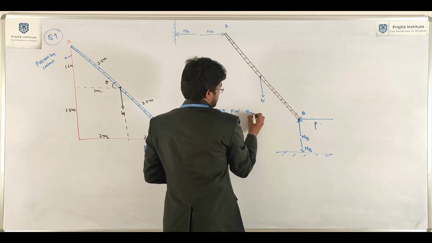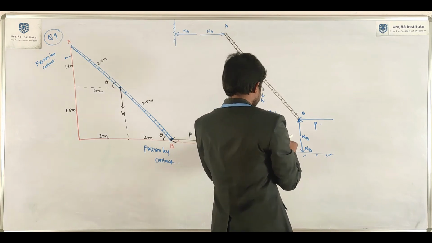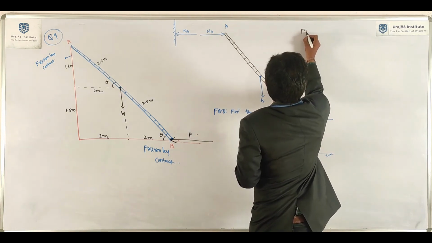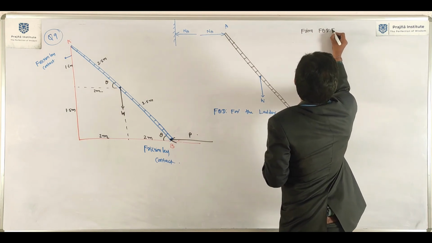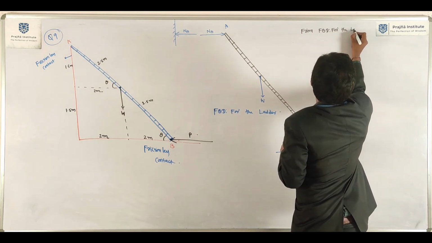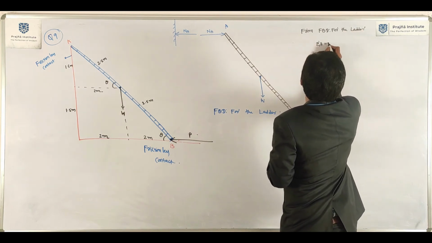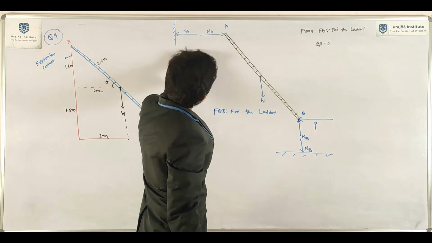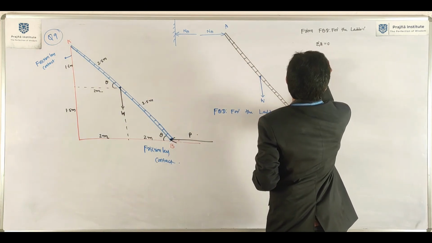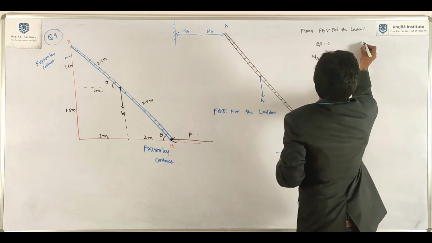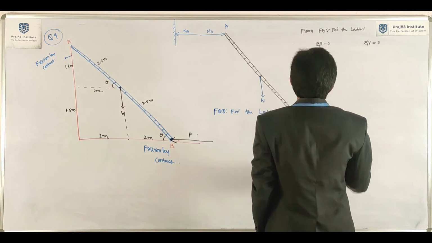So from the FBD for the ladder, sigma H equals 0, in the sense NA equal to P. Sigma V equals 0 means NB equal to W.